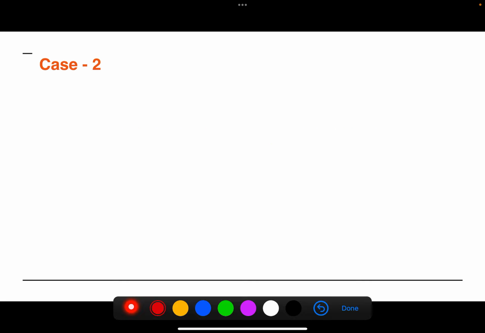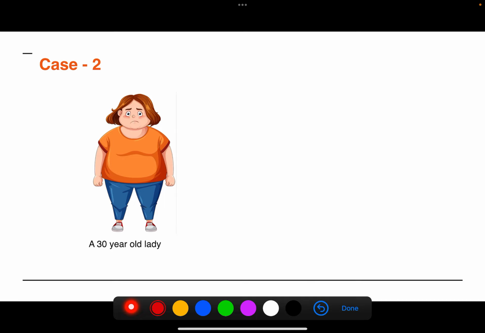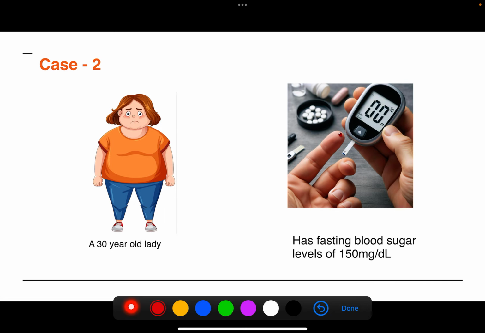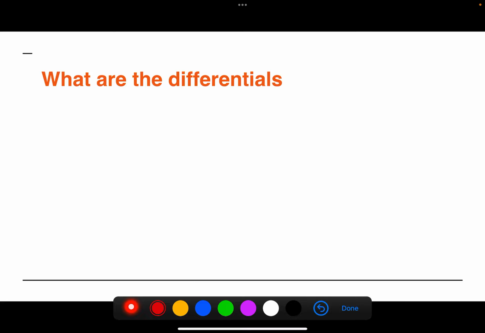Now, second case. There is a 30-year-old lady who has a fasting blood sugar level of 150. So 150 is definitely high. What can be differentials for her? She is a young patient, right? A young patient can have type 1 diabetes mellitus. Can it be type 2?